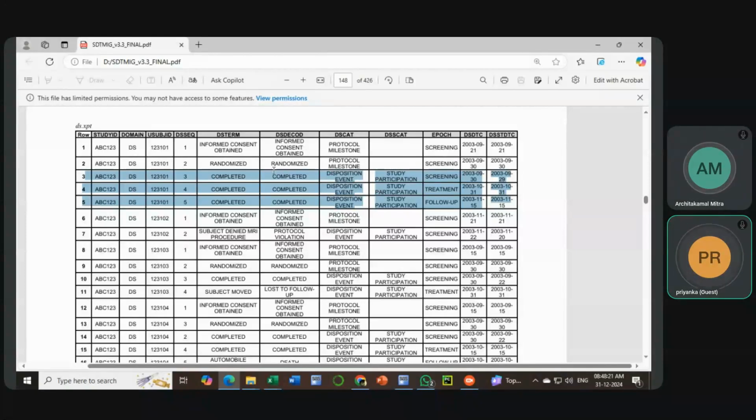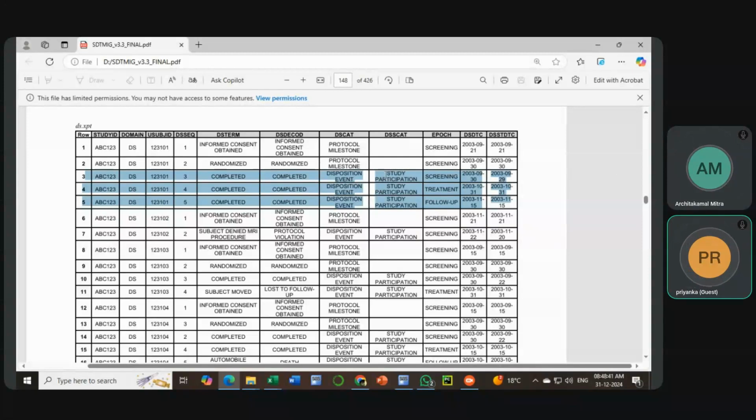Then comes screening completed. In both of these there are start date and end date. Informed consent was obtained on 21st of September 2013 and it ended there. The first randomization occurred on 30th of September 2003 and that also ended.